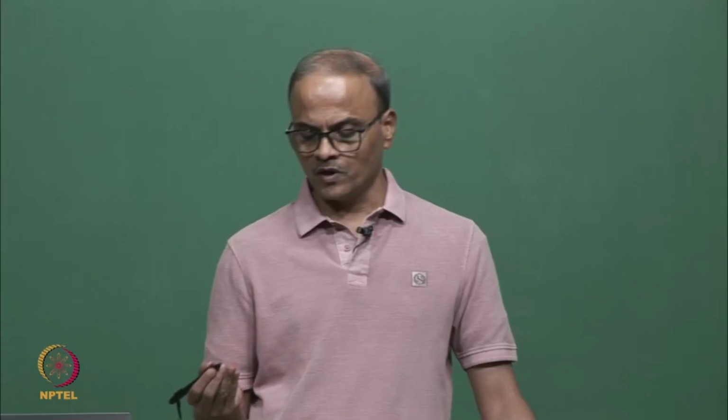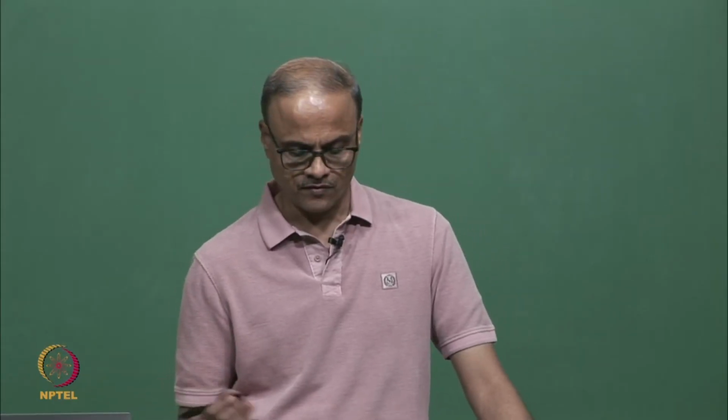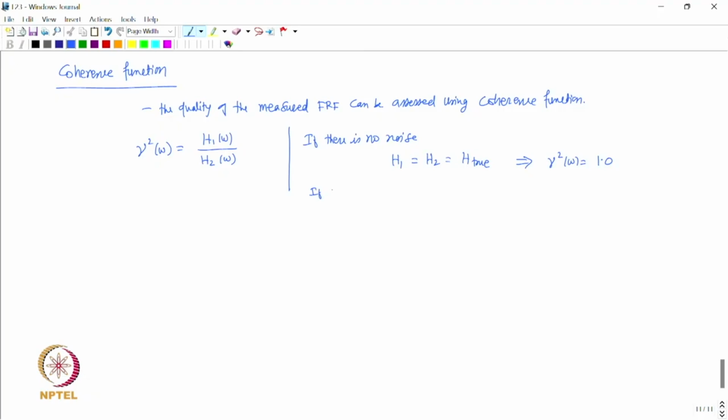Therefore, coherence equal to 1 represents no noise in the FRF, but if there is noise, then we saw that H1 will be less than H2 and H2 will be more than H1, and because of this the coherence will be less than 1. Therefore, coherence less than 1 is an indicator of noise in the FRF.